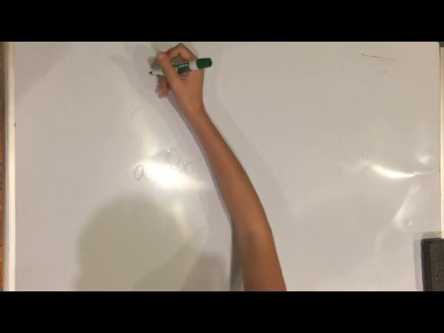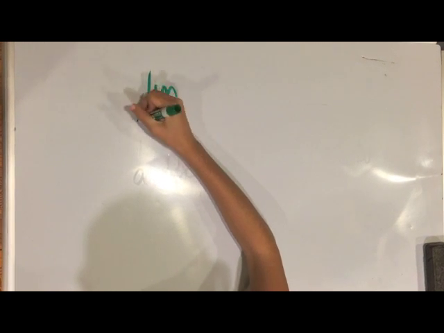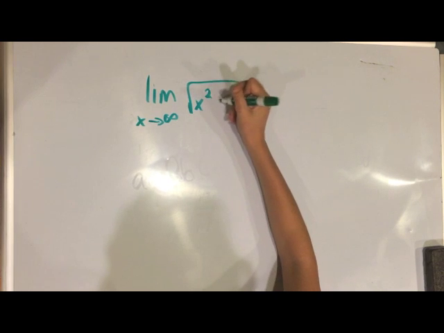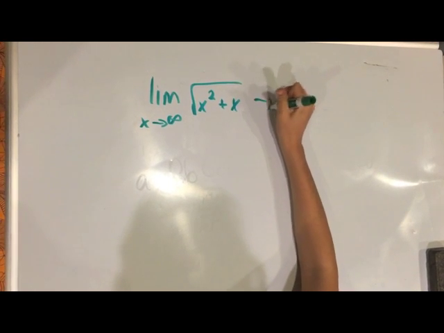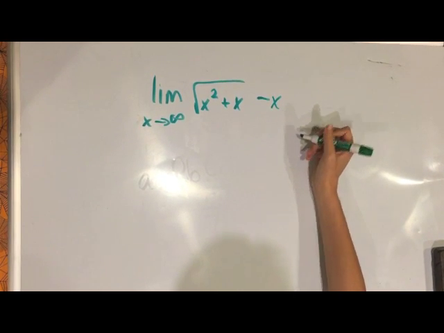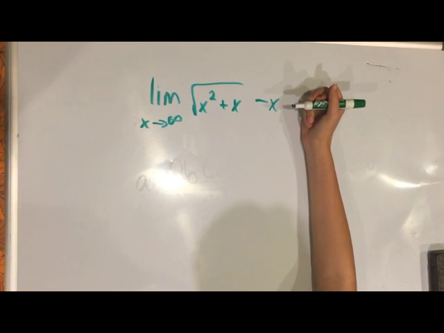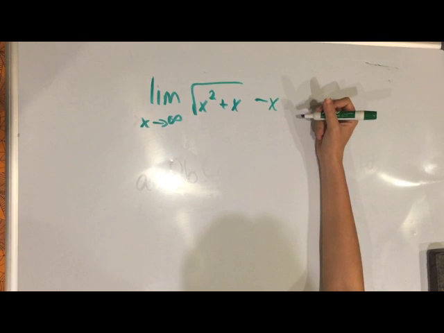So the next problem is the limit as x approaches infinity of the square root of x squared plus x minus x. In order to get a fraction so that we can divide the top and the bottom by the highest degree in the denominator, we need to multiply by the conjugate.